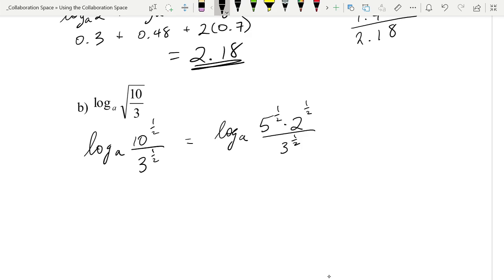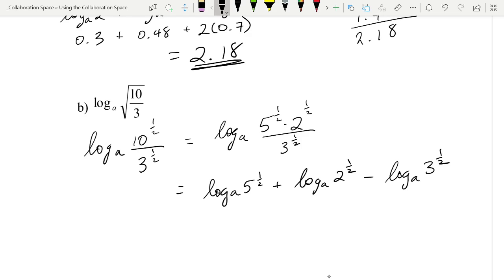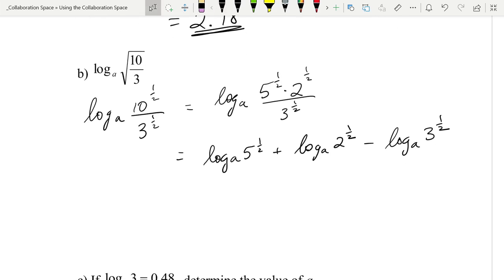Okay, now I'm going to use my log laws to separate this. So, the multiply can become an add. And the division can become a subtract. And the exponents can become coefficients.